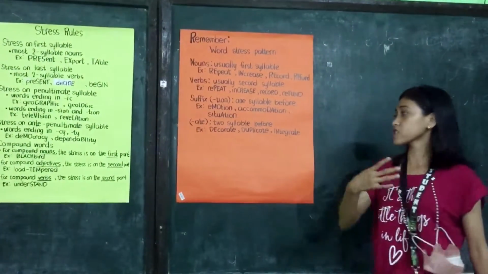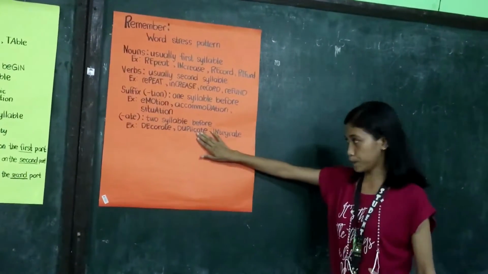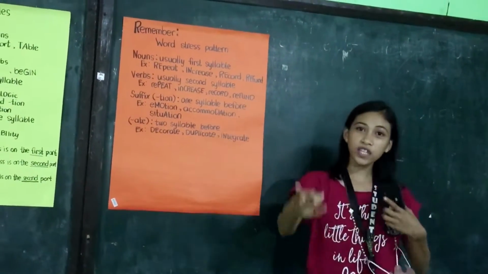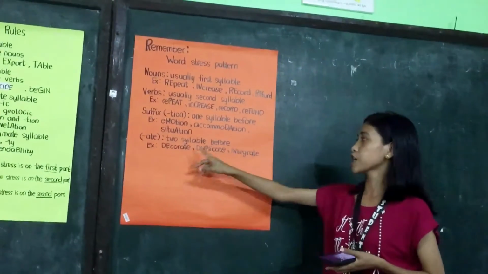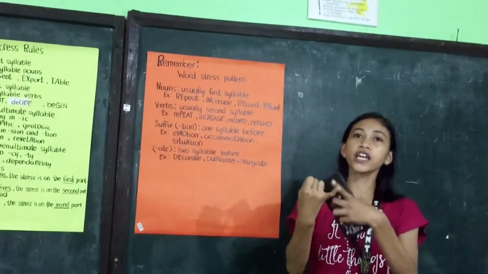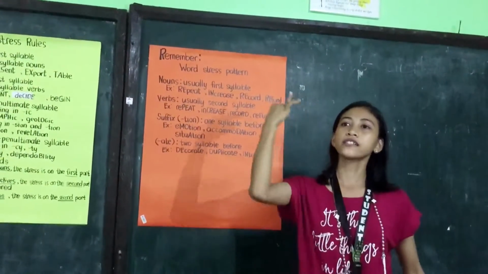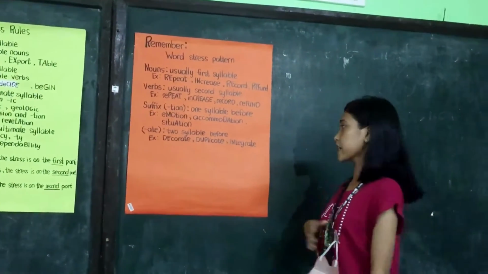The second example will be duplicate. Again, 2 syllables before the -ate, which is the DUP. So duplicate, DUP, duplicate. And lastly, the last example will be integrate.